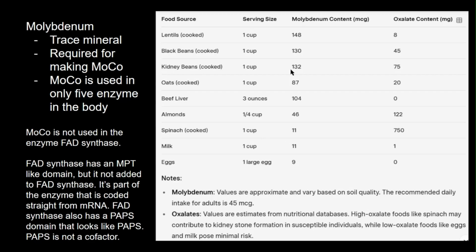So that being said, these are all the sources, and you can just look at the screen for this, of molybdenum content. And over here, I put the oxalate content because a lot of times people who are struggling with sulfite metabolism very much struggle with oxalate. And the reason being is because sulfite will cause so much oxidative stress that the mitochondria is shut down.